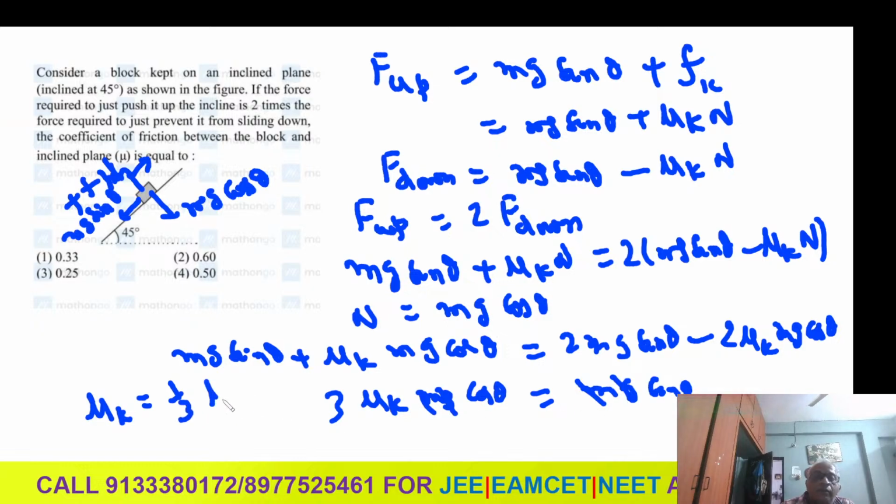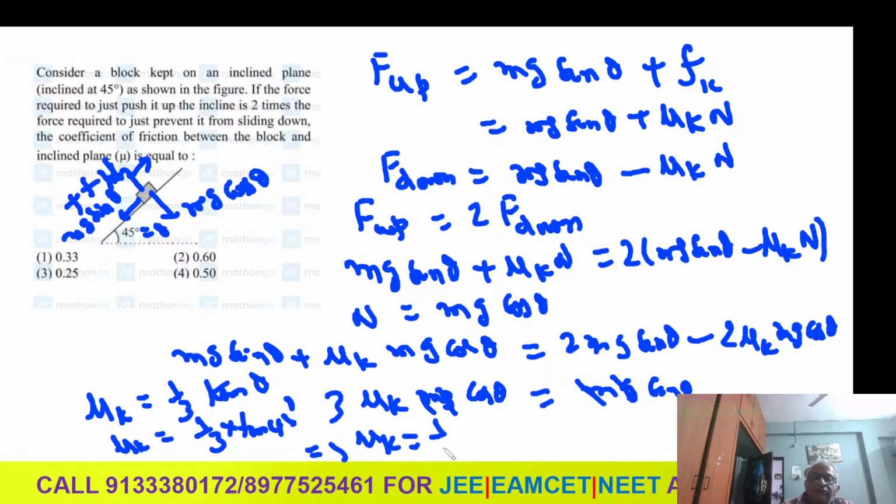Sin theta by cos theta is tan theta. Theta is 45, and tan 45 is 1. So mu k is 1 by 3, which is 0.33 recurring. Sometimes they give 1 by 3, sometimes recurring, so the nearest answer is 0.33.